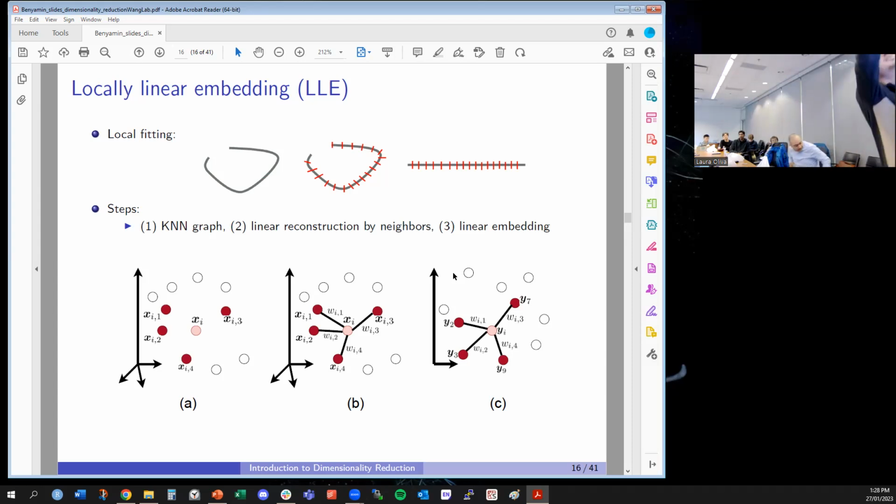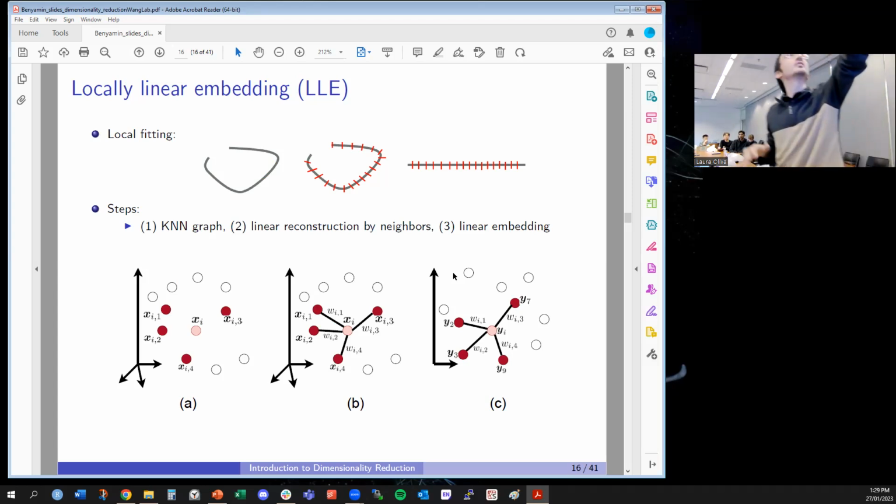You have a nonlinear manifold, you want to unfold it, you divide it into several pieces and you put the pieces next to each other. Then you will see the whole thing has been unfolded. Again, you are looking at it locally, but hoping that global structure is preserved. Fit locally, think globally.